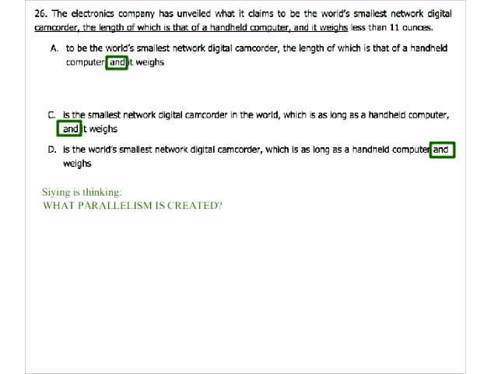So, what parallelism is created? Well, let's take a look at D. This is just "weighs." Because remember that words that come after these parallel words are definitely included. So this is blah, blah, blah, and weighs less than 11 ounces. What's parallel to "weighs"?